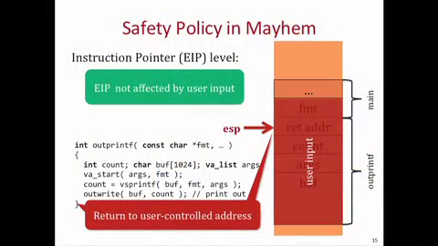Our safety policy is: if the instruction pointer is affected by user input, then we call it a safety policy violation. For the previous example, when we have a buffer overflow, after the return instruction, the instruction pointer will point to the user input, which in our case means a safety policy violation, and Mayhem will detect it as a bug at this point.